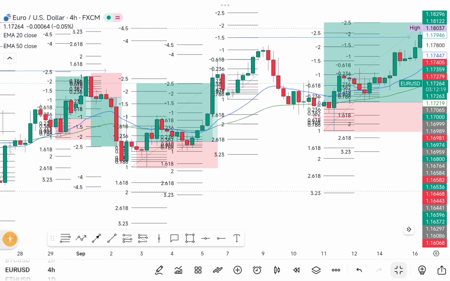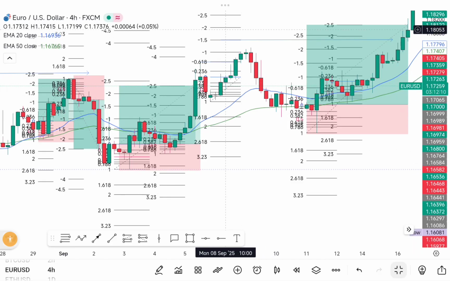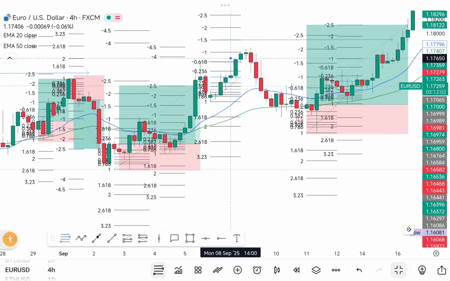Guys, this is insane. This strategy really works for me, and I bet you, if you study it very well, it's going to work for you. It has made my trading very, very simple and easy in terms of the strategy analysis.